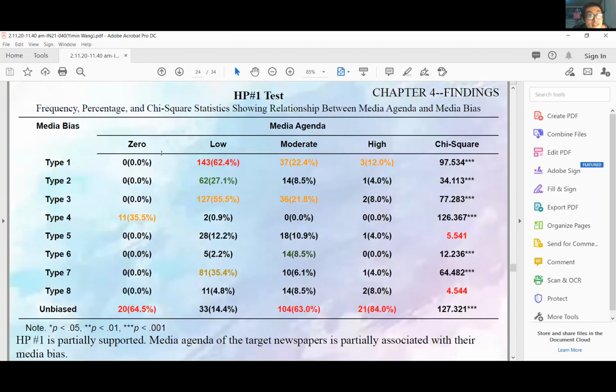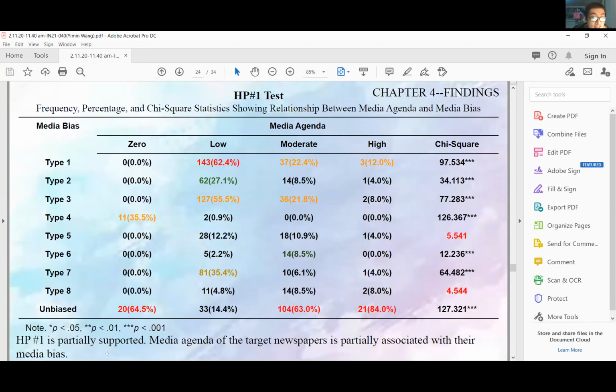So let's see the hypothesis tests. For hypothesis 1, we tested the relationship between media agenda and media bias. We can see that type 5 and type 8 are not significant, but the other types of media bias are significant.